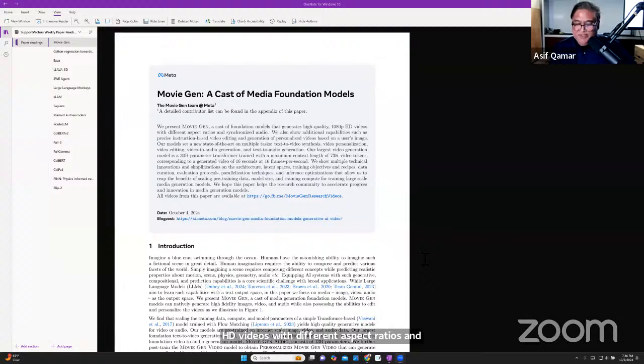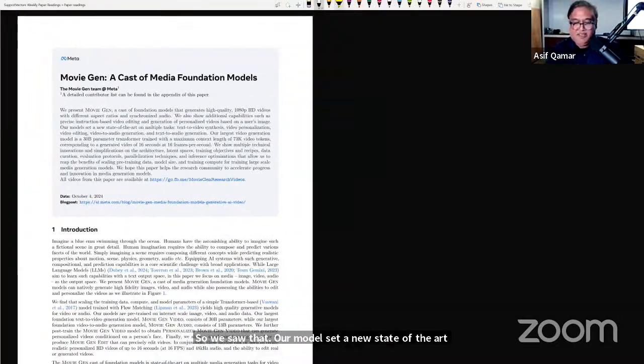We also show additional capabilities such as precise instruction-based video editing and generation of personalized videos based on a user's image. So we saw all of that. Our models set a new state-of-the-art on multiple tasks, and this is really worth pointing out. Our model sets a new state-of-the-art.